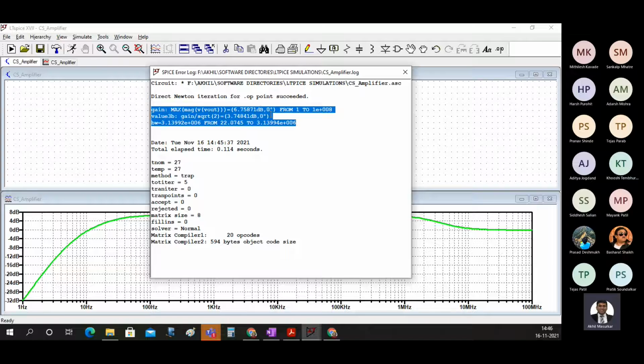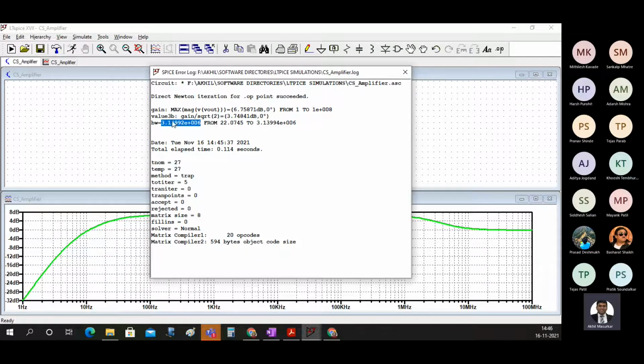Here is the 3 dB gain value, 6.75 minus 3 is going to give you this value. And the bandwidth: this is the upper cutoff frequency, this is the lower cutoff frequency. We were saying it is 23, but actually it is 22 hertz, so there is an error of 1 hertz while measuring.